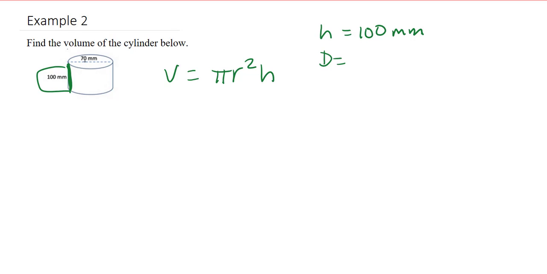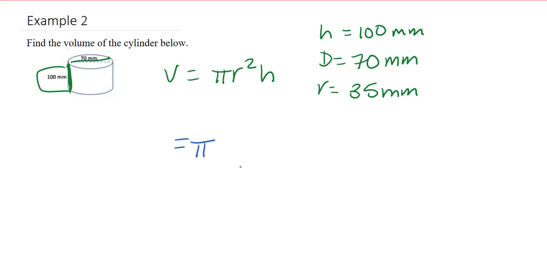Now our diameter, because it's the whole thing, it's 70 millimeters. And then our radius, if you go 70 divided by 2, so just half of the diameter, right, we get 35 millimeters. So now we're just going to plug in our numbers, right, because we have the radius and we have the height, which is what we need to know.